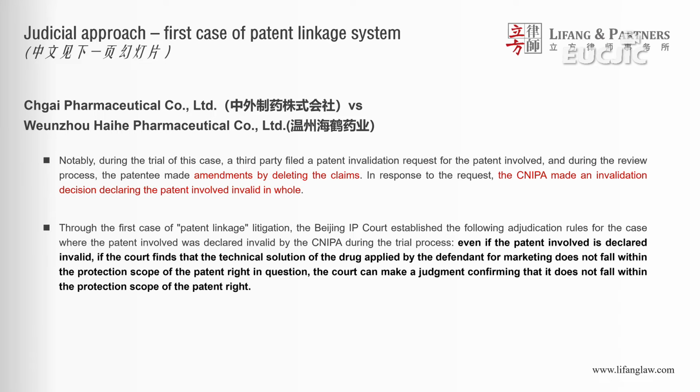The court still issued a judgment saying, regardless of whether the patent is invalidated or not, we believe this drug does not fall within the protection scope of this patent. So the generic drug application can continue to be reviewed. That's what happened in this case.